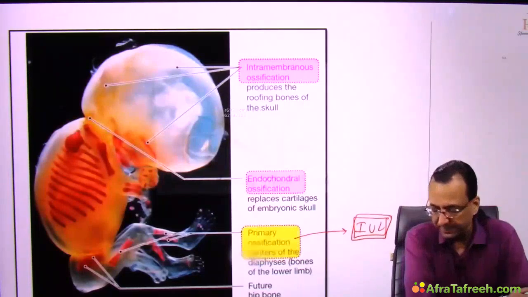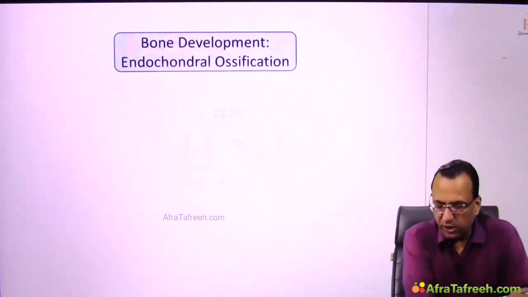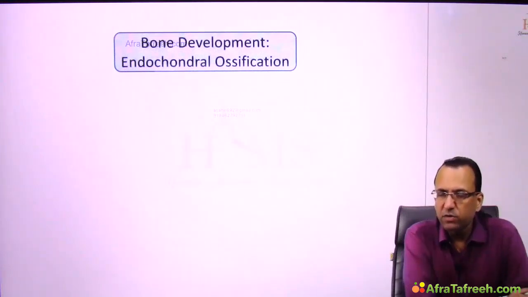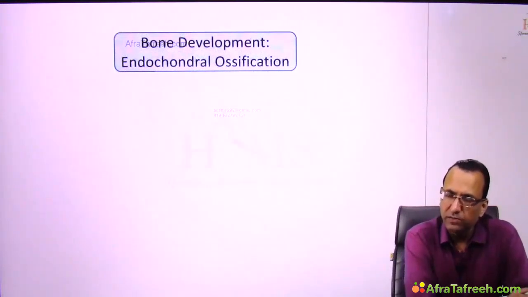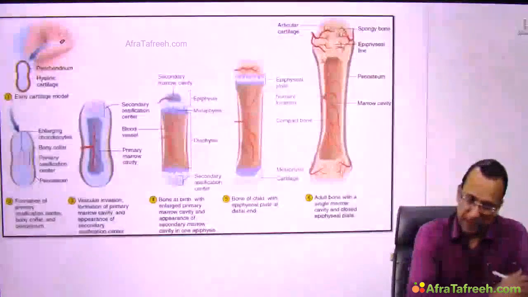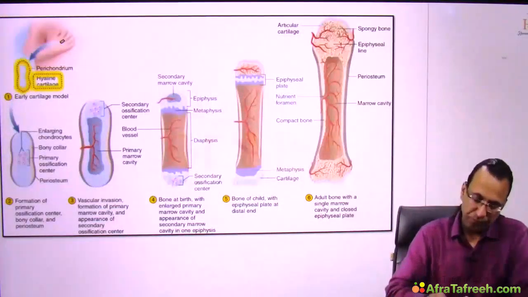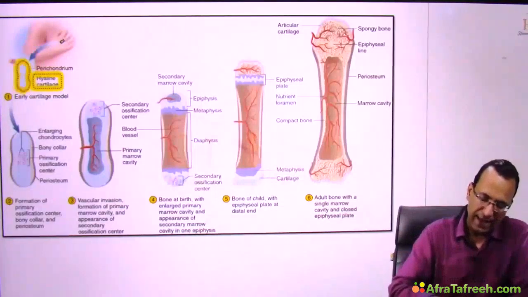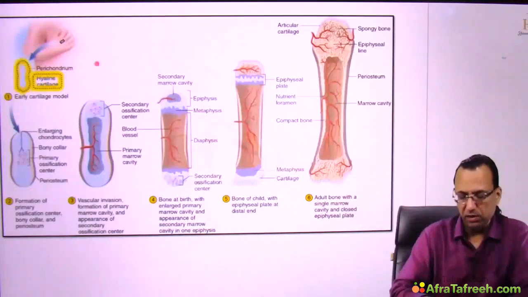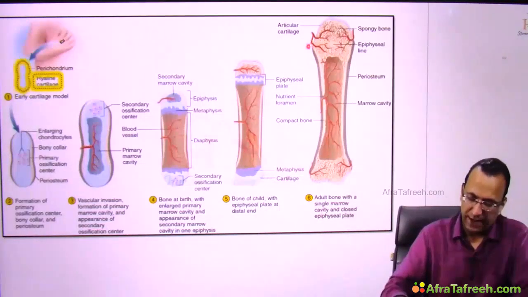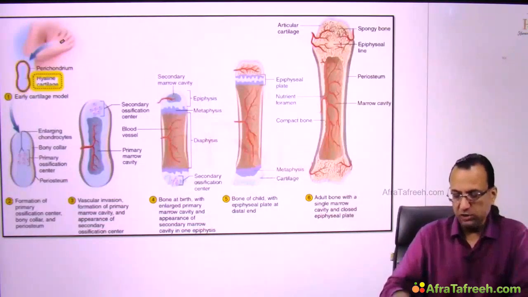This is the primary center. When we talk about endochondral ossification, we are going to draw a diagram, but before you draw the diagram, you should see what we are supposed to draw. This is the one which we are going to follow. In the beginning, most of the bones will have a hyaline cartilage model, which will undergo ossification to form bone, and it is called endochondral ossification.